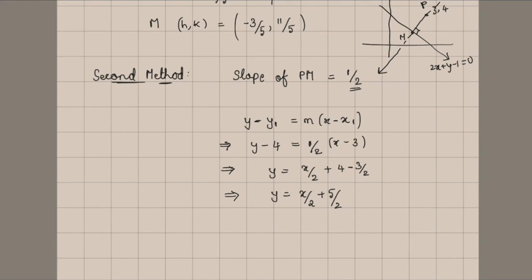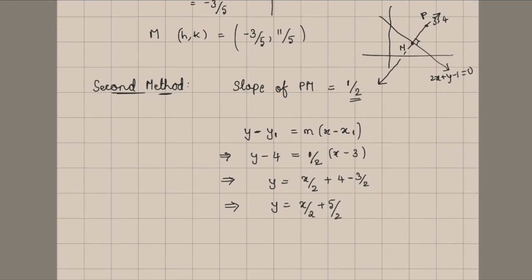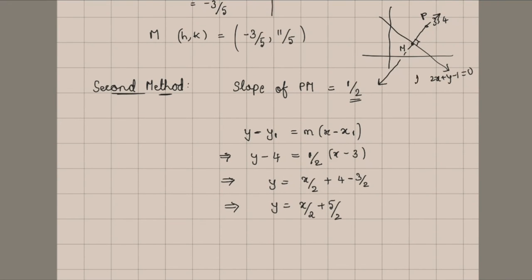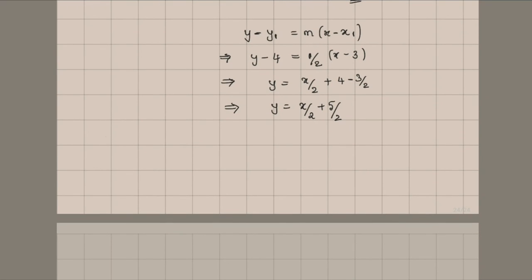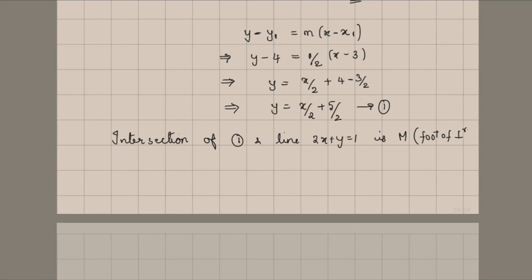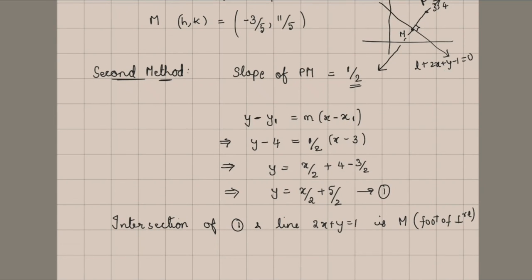This is the equation of line PM, and the equation of line L is 2x plus y minus 1. So the intersection of line PM and line 2x plus y equals 1 is M, which is the foot of the perpendicular. So solve these two equations, 2x plus y minus 1 equal to 0 and y equal to x by 2 plus 5 by 2.